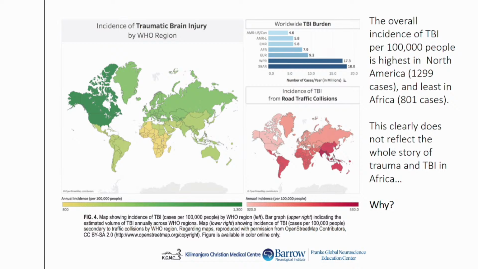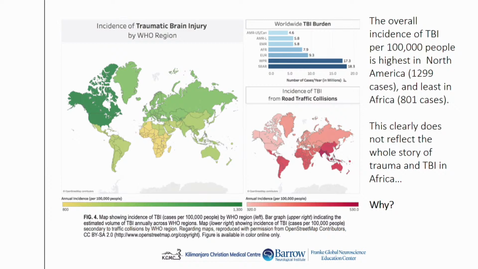So again, this is a graphic representation of the overall incidence of TBI. And although in the data summary, they found that the overall incidence of TBI is lowest in Africa with 800 cases per 100,000 people, I think a lot of that is because we just don't have the data. You can hear a recurring theme when I'm talking of we need more data, obviously.